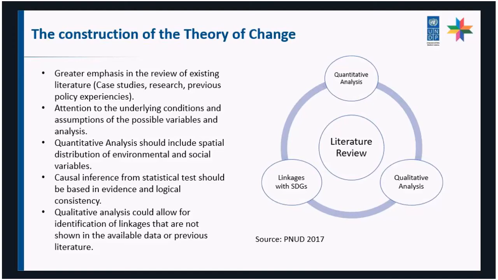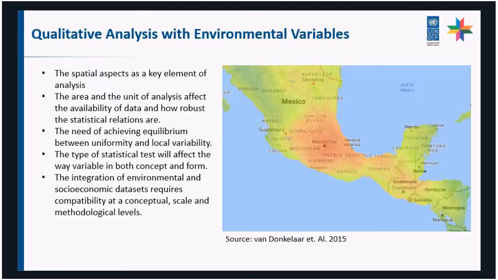And finally, even if we can't find all the numeric data for quantitative analysis, the qualitative analysis can inform a lot and can provide evidence for linkages that we might not be able to find even in the literature review, about the specific types of effects that some environmental components might be having on some specific families or individuals.